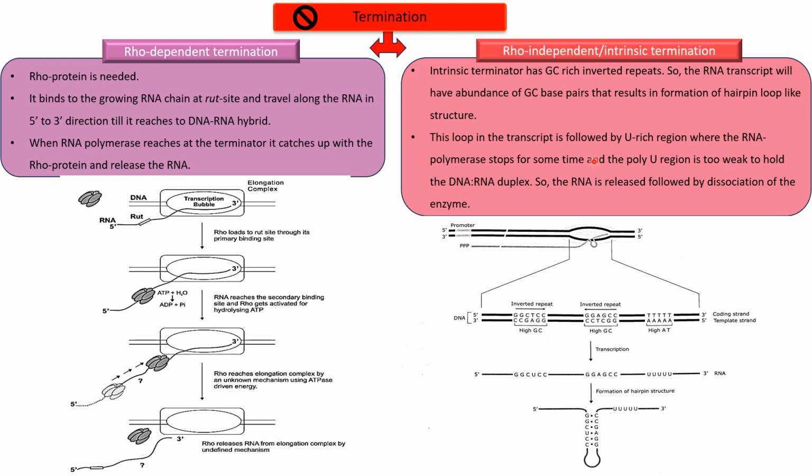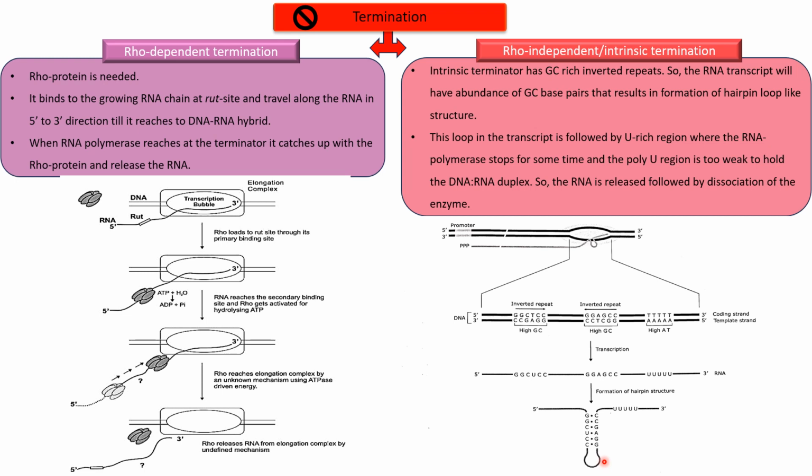Here the intrinsic terminator means the DNA sequence that gives the signal for the termination process. In this case of termination, the terminator has GC rich inverted repeats. So the RNA transcript that is synthesized will have an abundance of GC base pairs, and this results in the formation of a hairpin loop-like structure in the transcript.